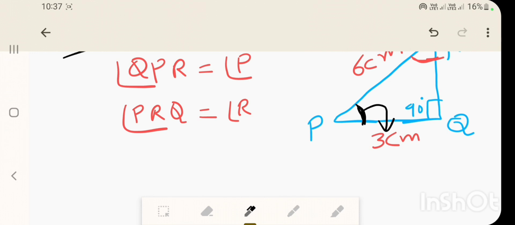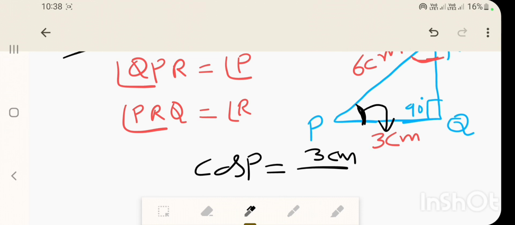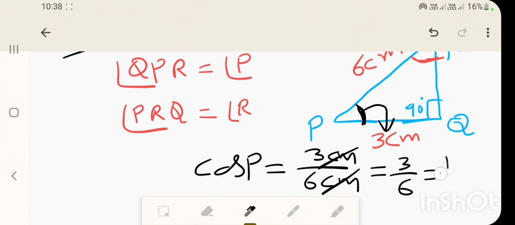Since the adjacent side is given, we have to use cos P. Cos of the angle is the adjacent side length, 3 centimeters, divided by the hypotenuse, 6 centimeters. The centimeters cancel, and 3 by 6 is equal to 1 by 2.